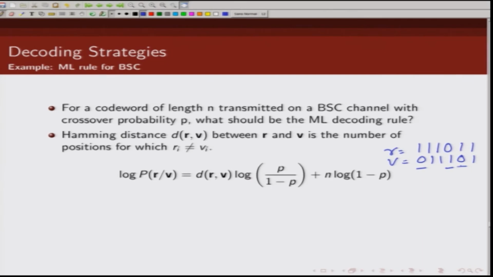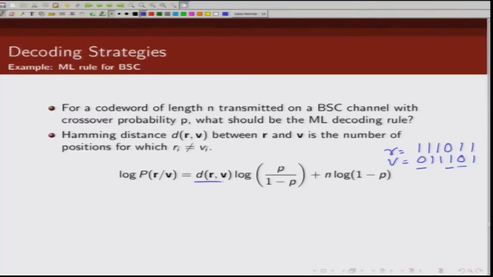Now, when we are sending an n-bit code word over a binary symmetric channel, what happens? Some of the bits will get flipped with crossover probability p. Let us denote the number of flipped bits by d. The Hamming distance between R and V specifies the locations where R and V are not the same, and those are the locations where errors have occurred.